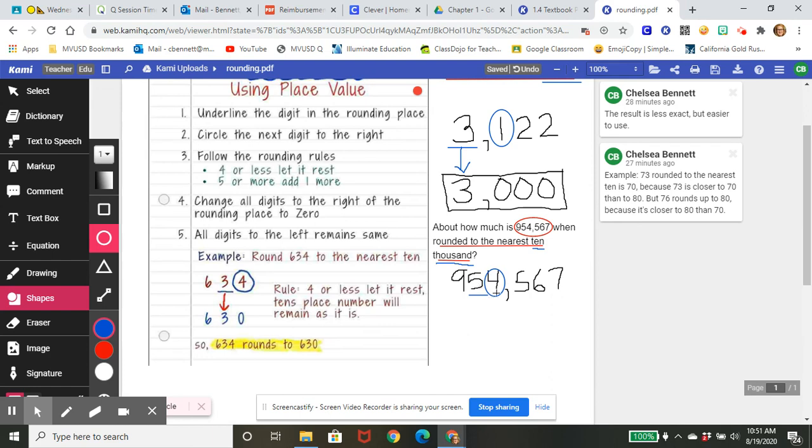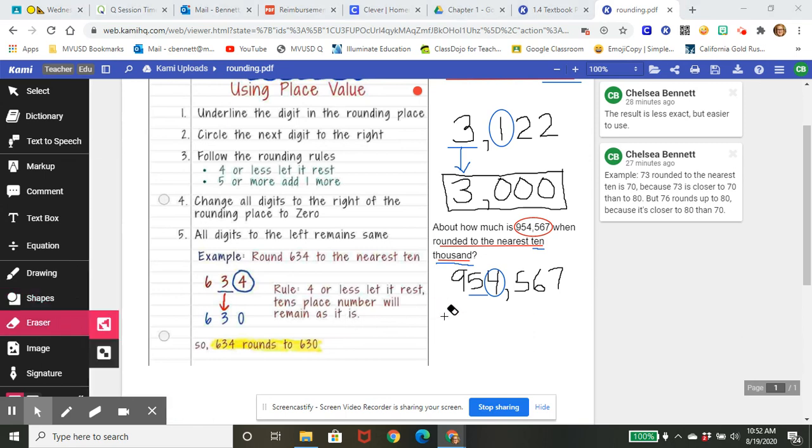This is the number I'm looking at. Okay? Follow the rounding rules. 4 or less, let it rest. 5 or more, add 1 more. Okay? Actually, class, I want to change my number because I want to show you guys something.